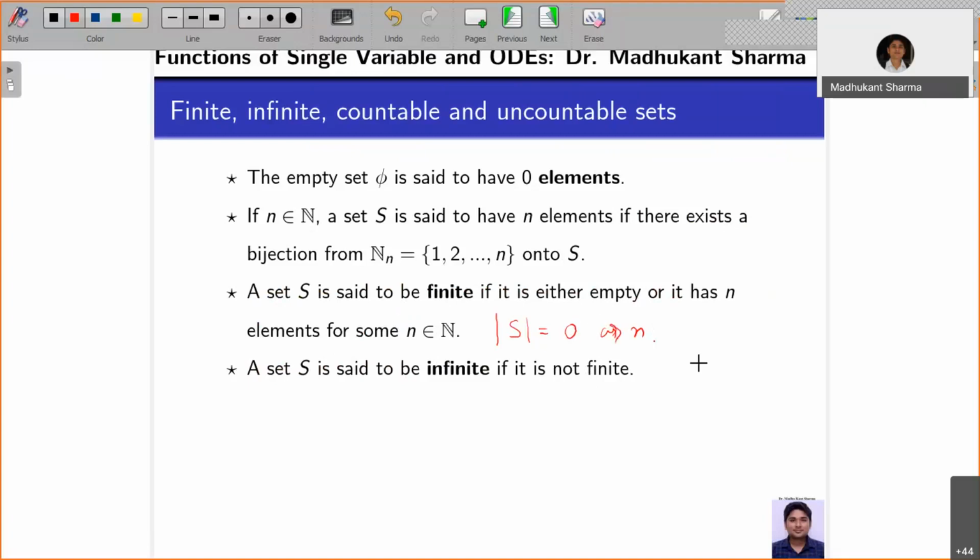A set S is said to be infinite if it is not finite, which is neither empty nor has n elements.